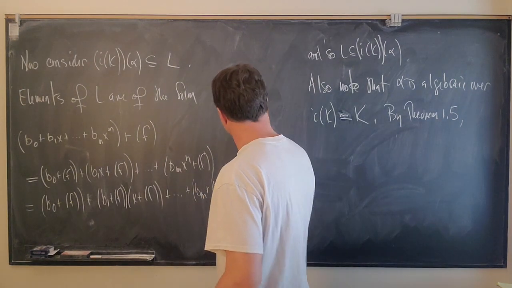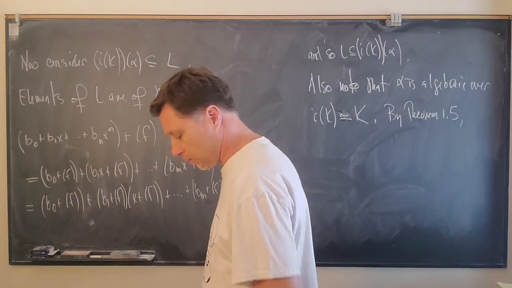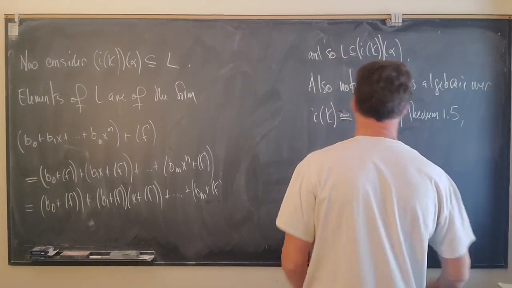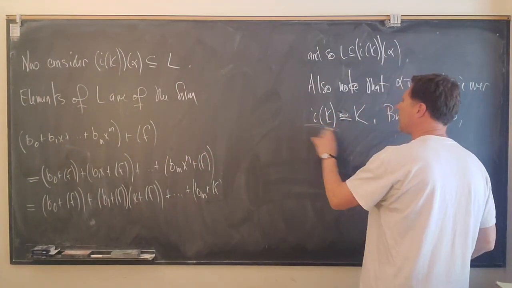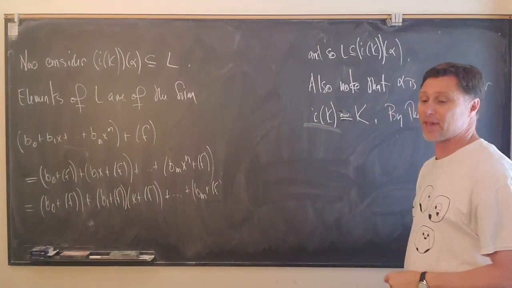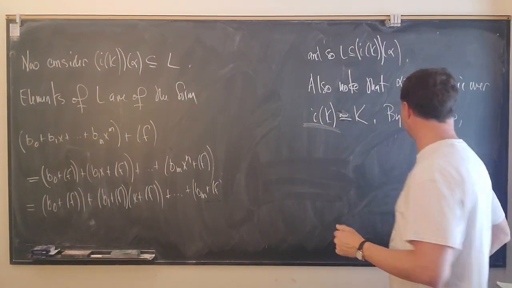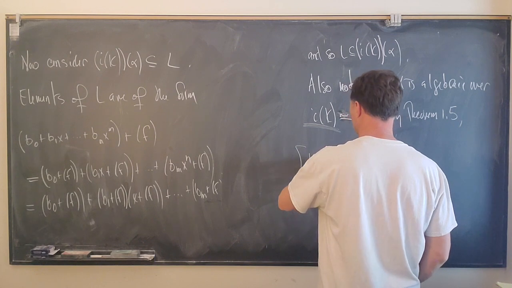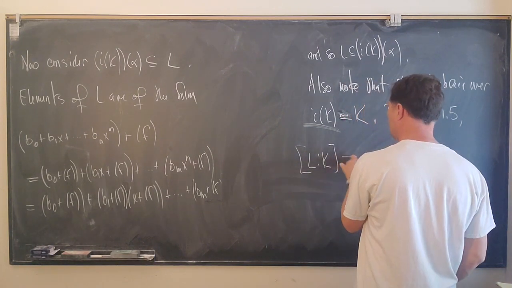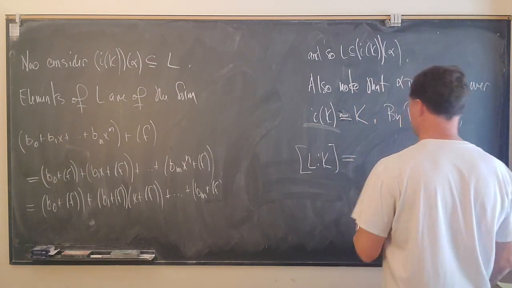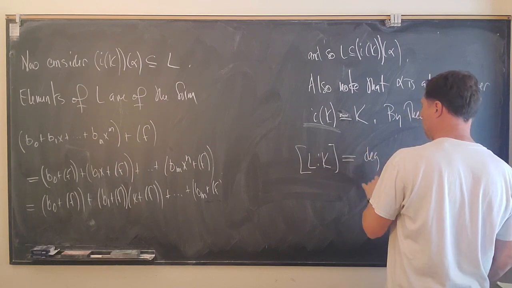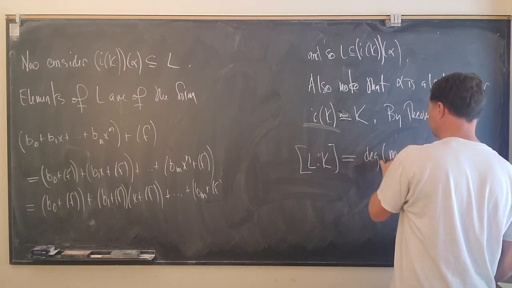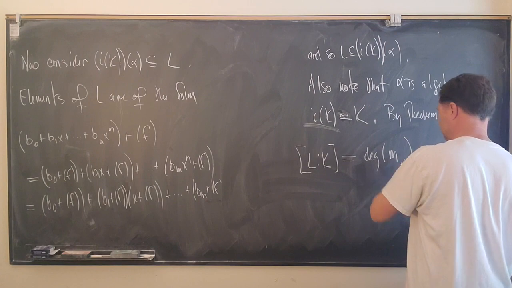The degree of our extension L over, officially set theoretically it should be over I of k, but we're going to write it as L over k. So by theorem 1.5, the degree of the extension is equal to the degree of the minimal polynomial for alpha.